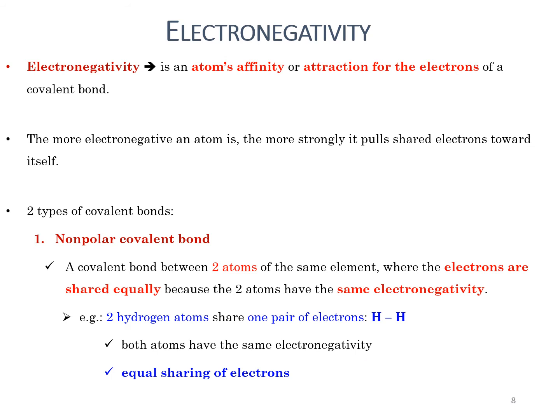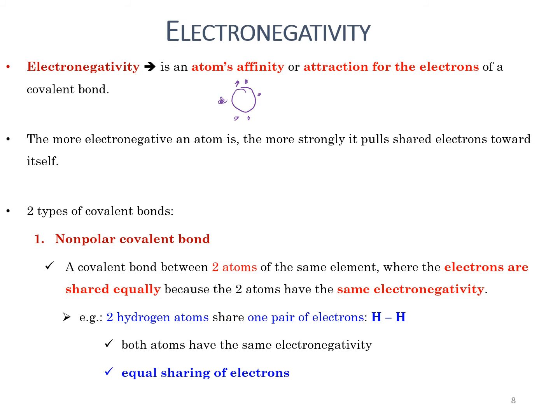Okay, electronegativity. So what is electronegativity? It is an atom's affinity or attraction for electrons of a covalent bond. So for example here, the oxygen atom, as you know, has 6 valence electrons, 1, 2, 3, 4, 5, 6.